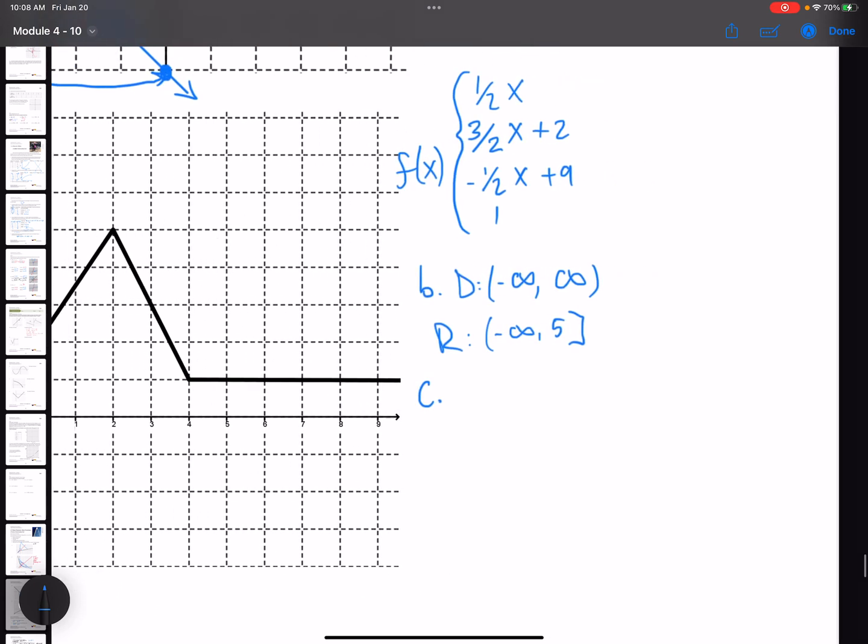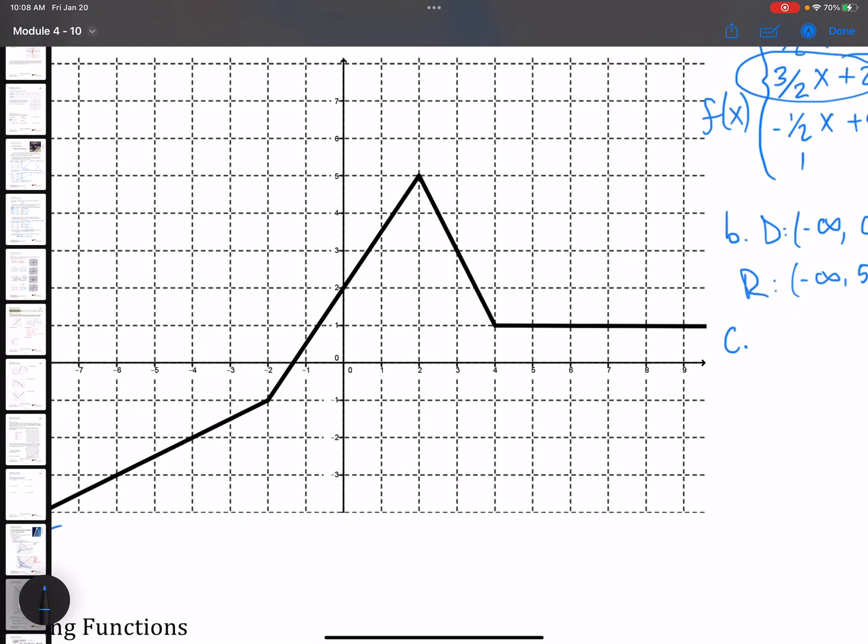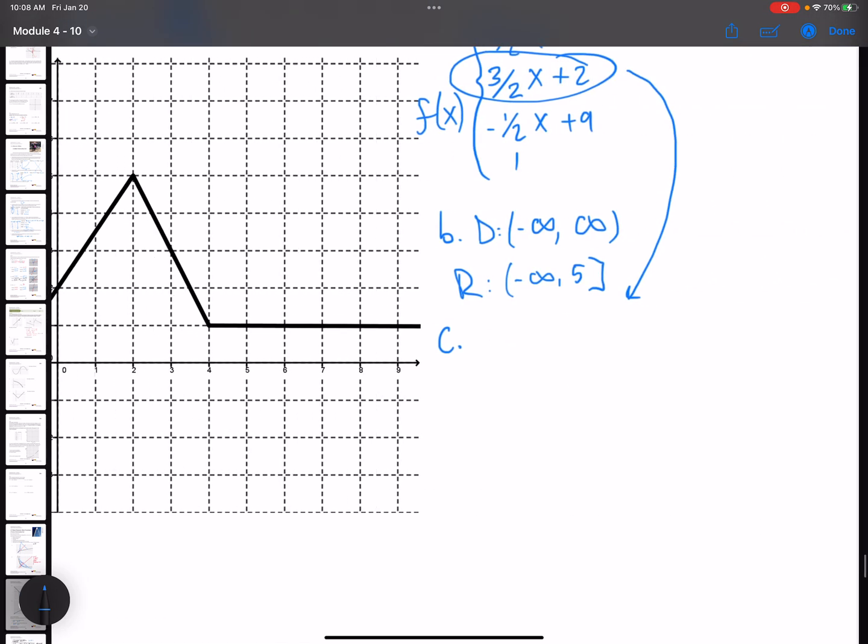Which part of the function is it? I want to show you guys how simple it is. It's the second one, right? We're going to take that and solve for x. What is y equal to when we are touching the x-axis? 0. So if y equals 3 halves x plus 2, we could just say 0 is equal to 3 halves x plus 2.